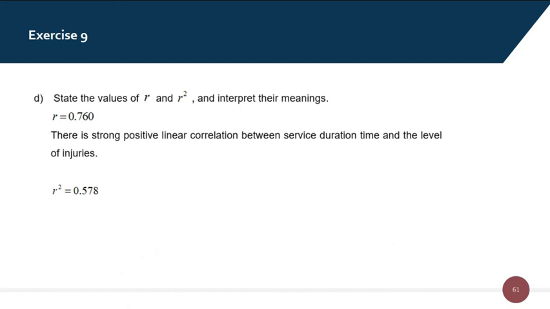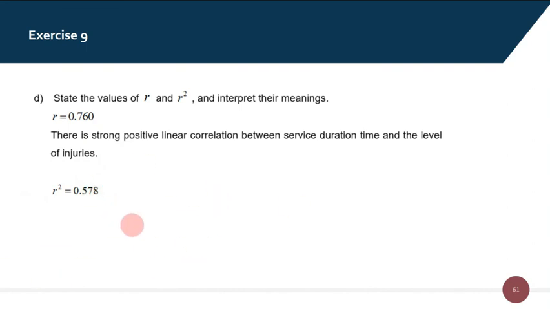Okay, remember how to look at this value, how we decide whether it is strong or weak. Since it falls under 0.760, it has a strong positive linear correlation between service duration time and the level of injury. Okay, and then you get 57.8%.